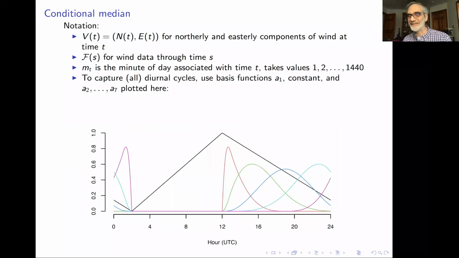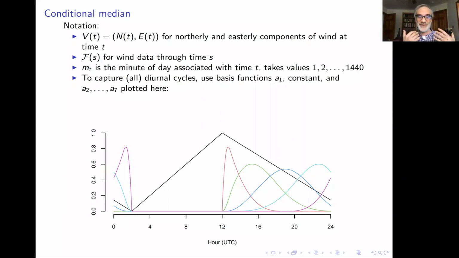Okay, so like I said, one of the main things I have to deal with is these diurnal cycles. And that means that if I use some kind of autoregressive model, I'm going to need at least some of my autoregressive coefficients to vary with time of day. And it just seemed very hard, at least given the way I'm doing the data fitting.